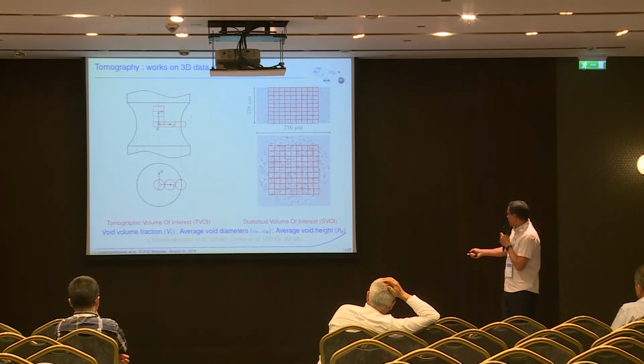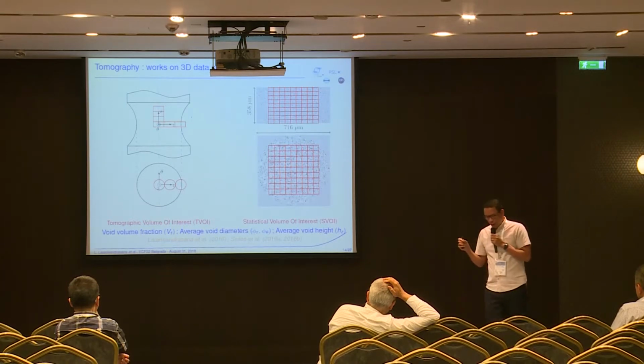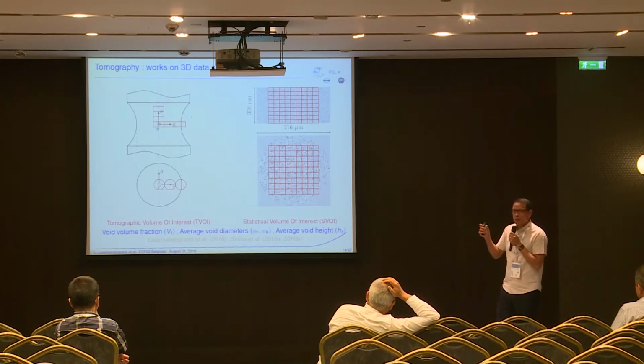And as in this material the void has a cylindrical shape, we have two diameters, phi r and phi theta. This is the radial diameter and also the hoop diameter in cylindrical coordinates. And we can also calculate the average height of these voids inside the SVOI.